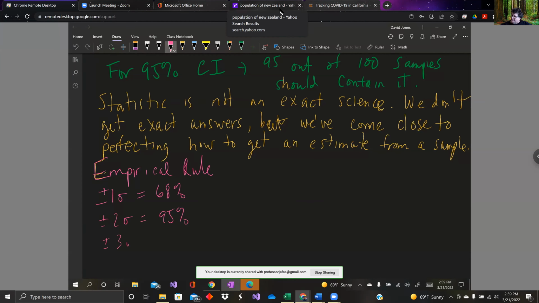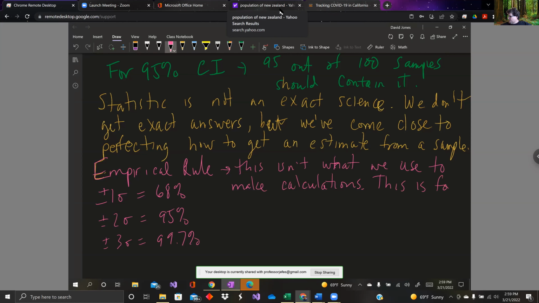Plus or minus 3 deviations captures 99.7%. That's the empirical rule. It's not exact though. This isn't what we use to make calculations. This is more for just eyeballing it or estimating without any work.